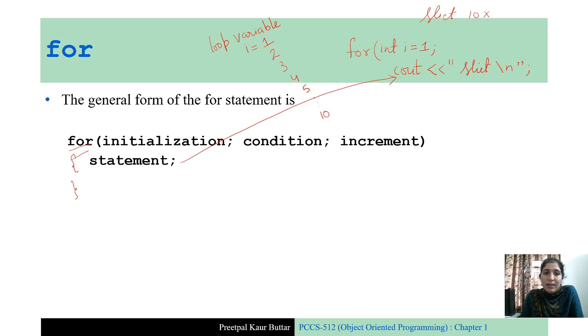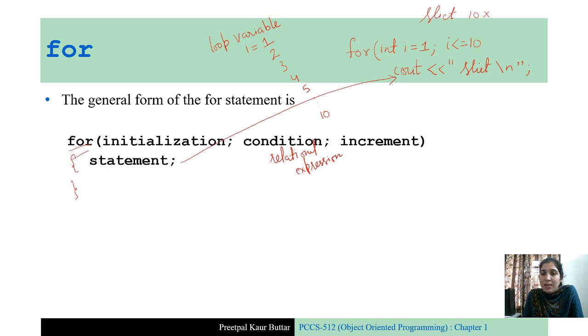Okay. And then we have condition. Condition is normally a relational expression. Okay. So in this case, I want to print slide 10 times. Okay. So the condition then can be I less than equal to 10. Okay. So this is a relational expression because we are using less than equal to sign.